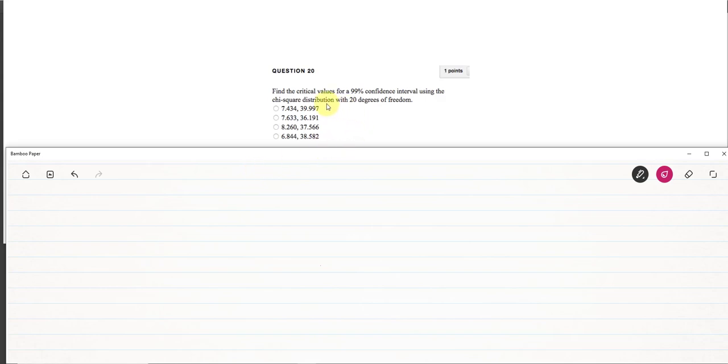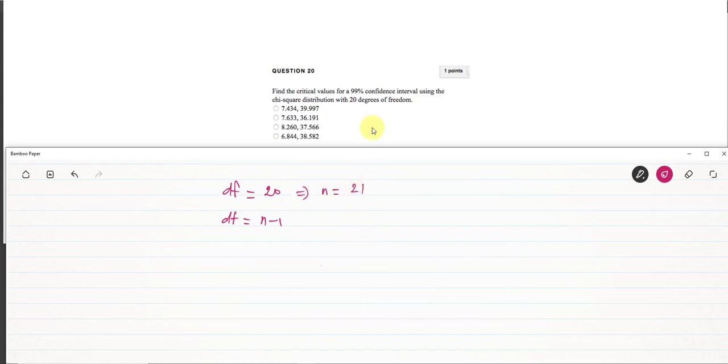So we know that the degree of freedom df is equal to 20, and we also know that the degree of freedom is equal to n minus 1, the sample size subtract 1. So if you have 20 degrees of freedom, your sample size should be 21.